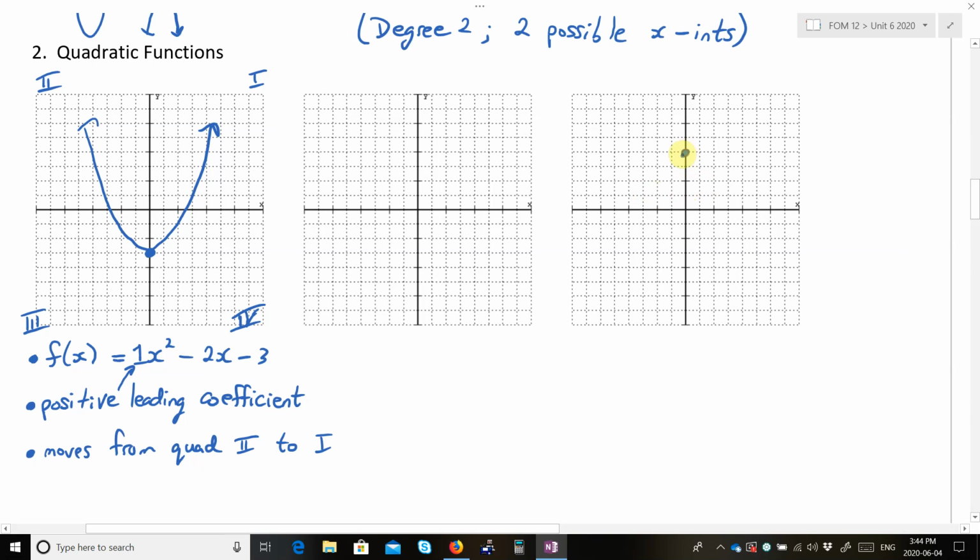Okay, so another type would be like this and facing down. F of x equals negative 1x squared plus 3x plus 4. Oh, and I should have highlighted this as the y-intercept.